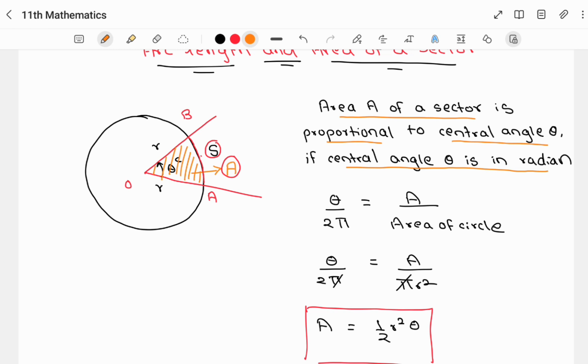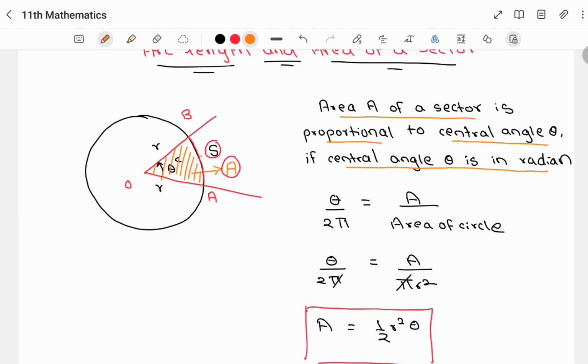So we have direct proportion, therefore theta is proportional to A, therefore theta upon 2 pi is equal to A upon the area of the circle. Now 2 pi is the angle subtended at the center when the total area of the circle becomes available to us.